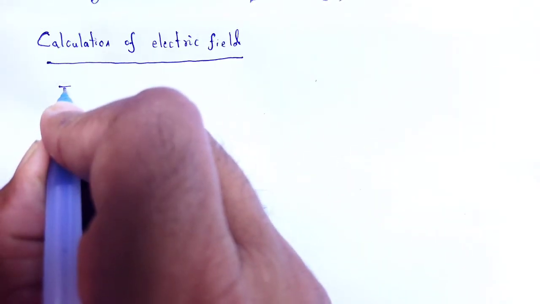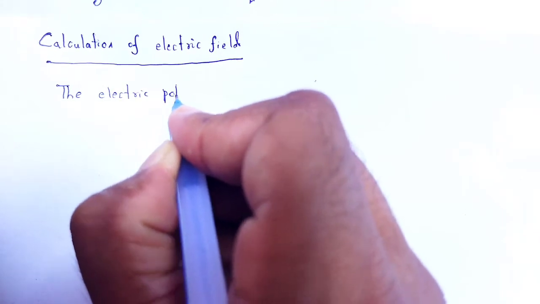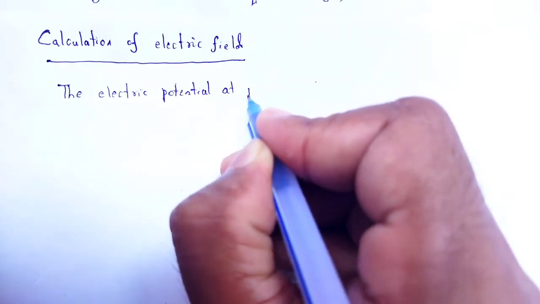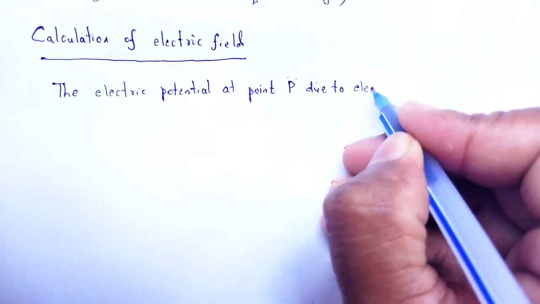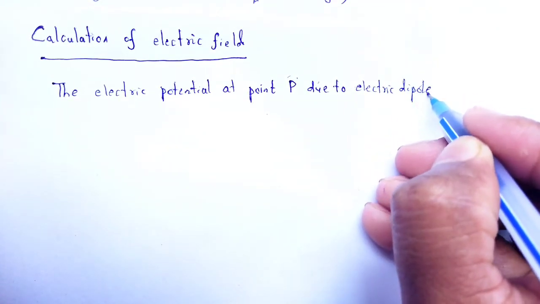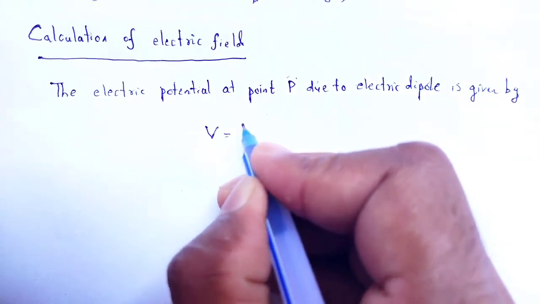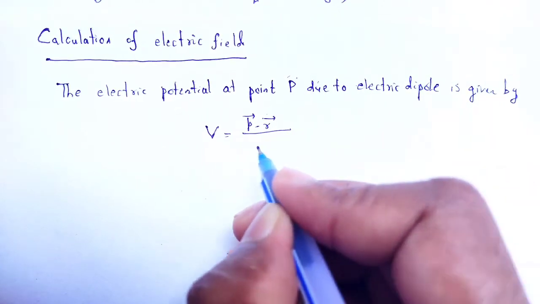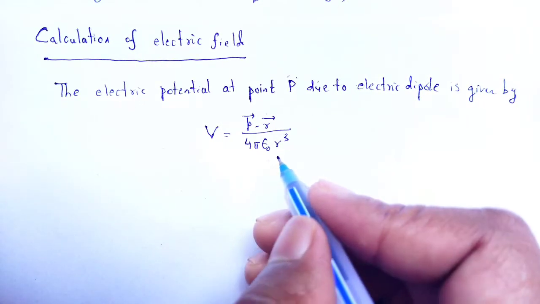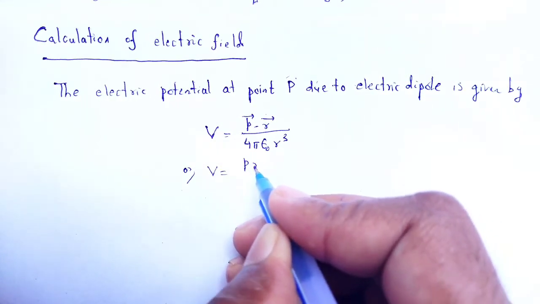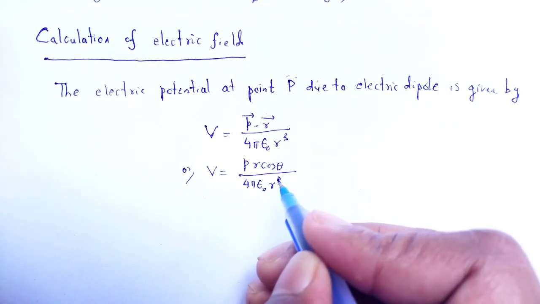So, first the electric potential at point P due to the electric dipole is given by V is equal to P dot R divided by 4 pi epsilon naught R cube, or V is equal to P R cos theta, theta being the angle between P and R, divided by 4 pi epsilon naught R cube.